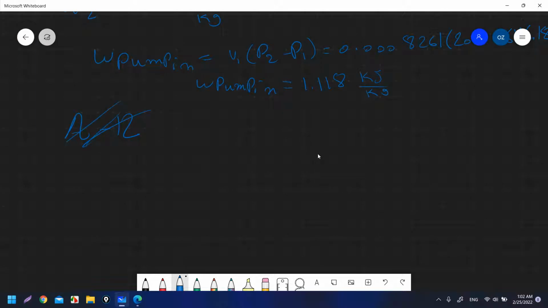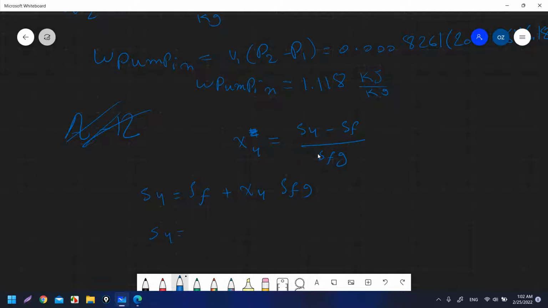So X4 is equal to S4 minus SF over SFG. I want to find S4, so S4 will equal SF plus X4 SFG.